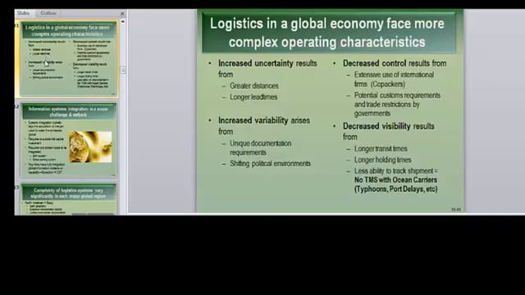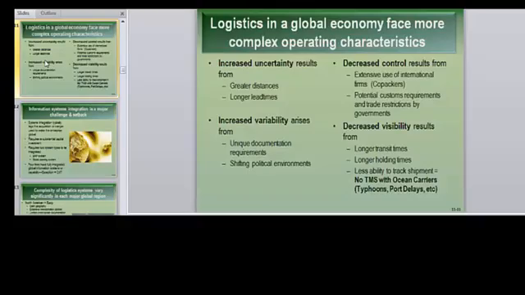Now here's another look at the complexity from a global economy, and I just focused on the importing bullets. Increased uncertainty, greater distances and longer lead times. When is that product going to get here?